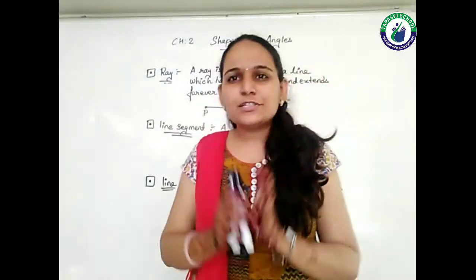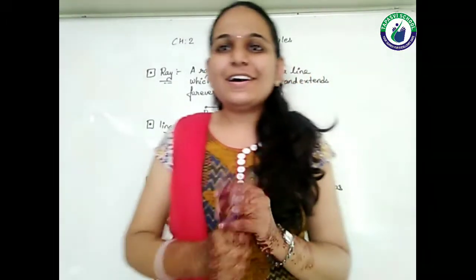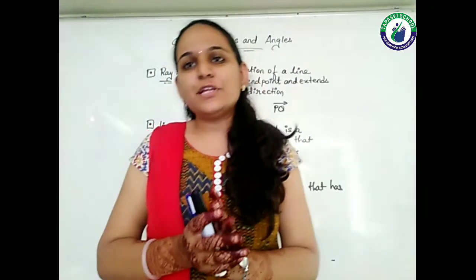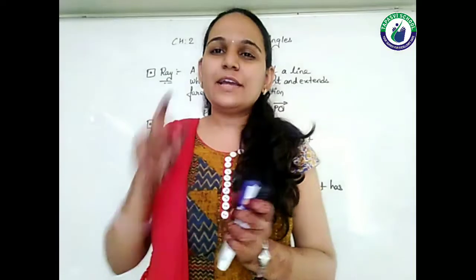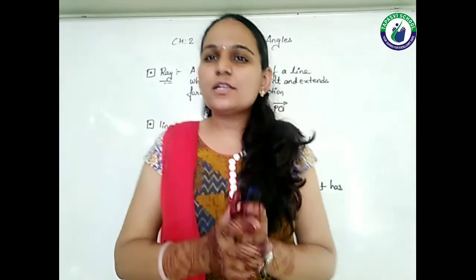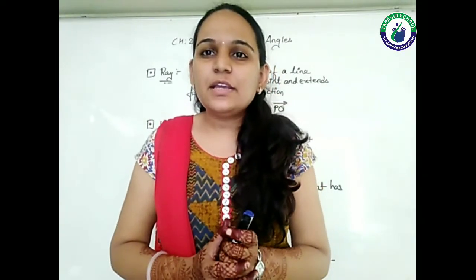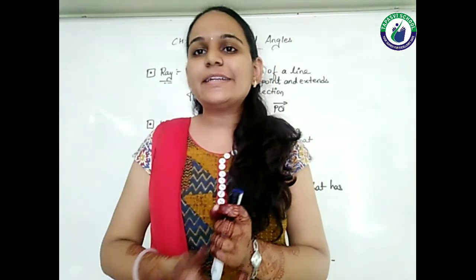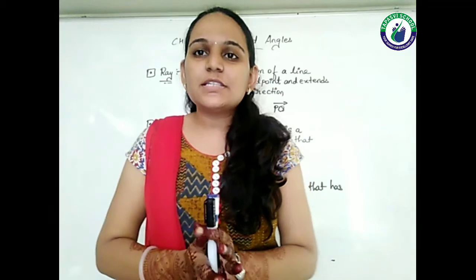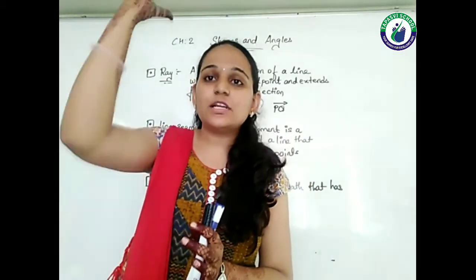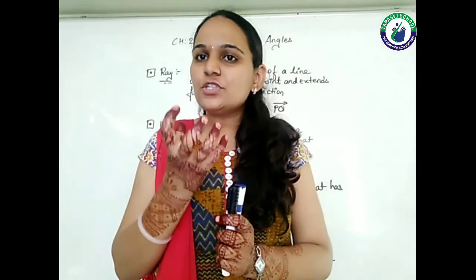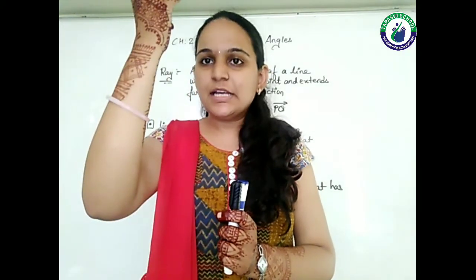The definition is a little bit not simple, but in simple language, when I tell you this word ray, what comes to mind? Ray means sun rays, right? The first thing that clicks in your mind is sun ray. Now what are sun rays? Sun rays are the rays which are coming from the sun, right? So can I say that the origin of the sun ray is the sun, right?